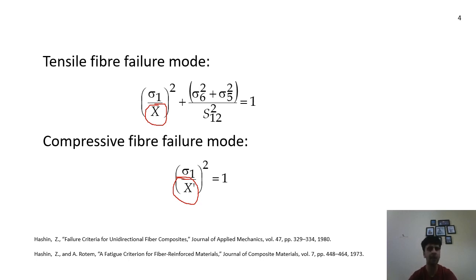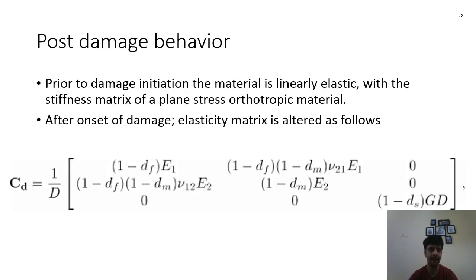You can also calculate whether the damage is due to fiber tension, fiber compression, matrix tension, or matrix compression. What next? Obviously the simulation should not stop there, because we know that for composite materials several damage events have to take place together before final failure. So in Abaqus, prior to damage initiation, the material is assumed to be linear elastic, where the stiffness matrix you input is that of a plane stress orthotropic material.